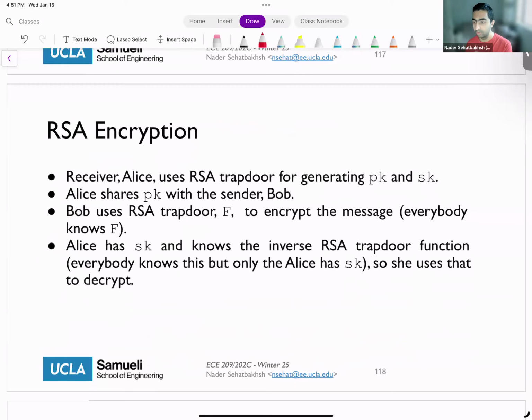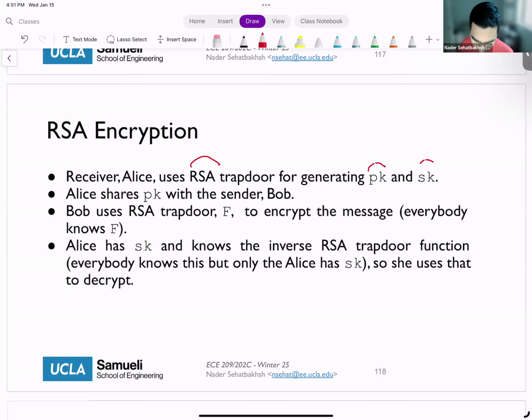RSA is actually used during this process, as I'm going to explain. So just be careful that since we are saying this is RSA encryption, it doesn't mean that the RSA trapdoor function is the only function that we use. So this is slightly different. Let me explain that. We have a receiver, Alice, that uses the RSA trapdoor function to generate PK and SK.